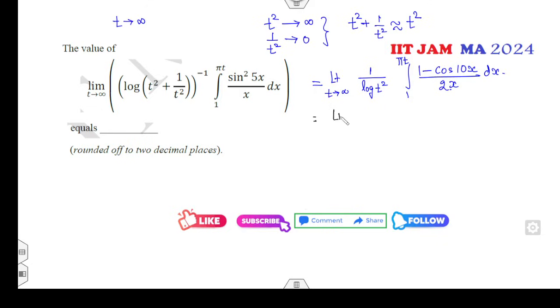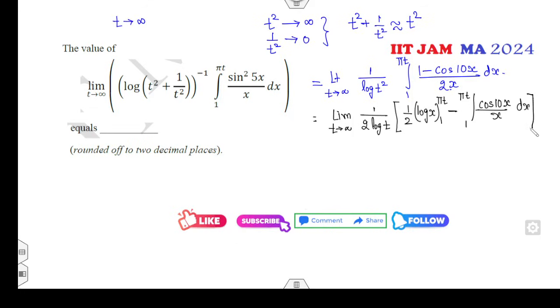So I can write this as limit t approaches infinity, 1 over 2 log of t. I can separate them. Fine. 1 over 2 is outside. It's log of x from 1 to pi of t, minus the integral from 1 to pi of t of cos of 10x divided by x dx.